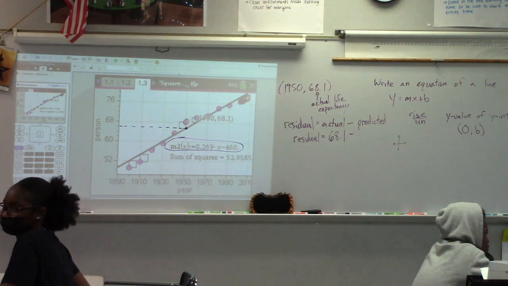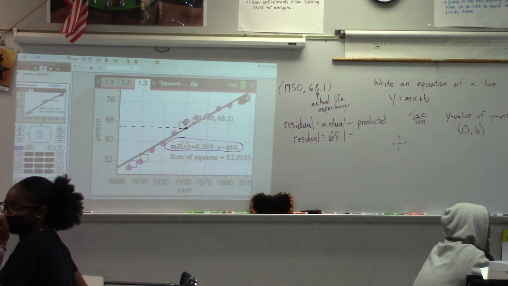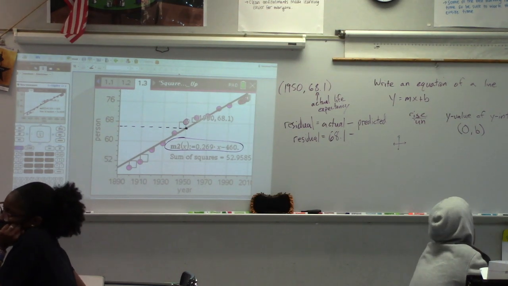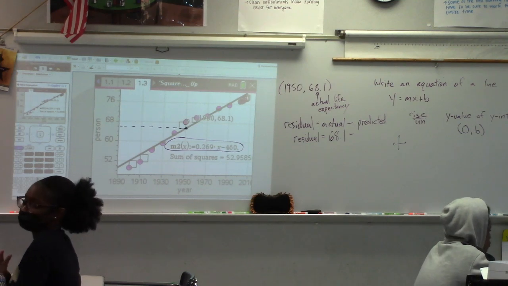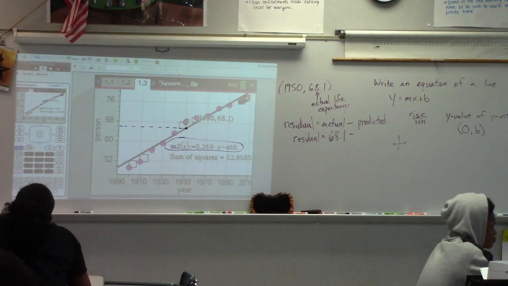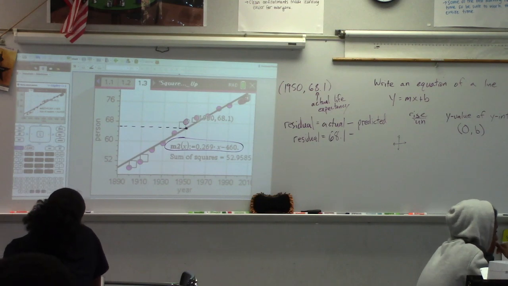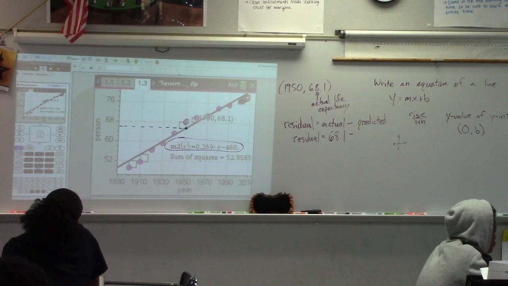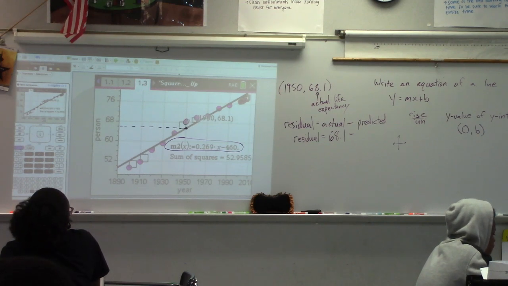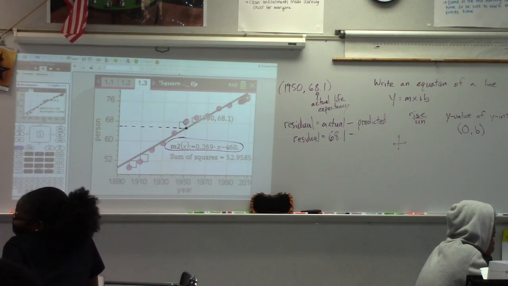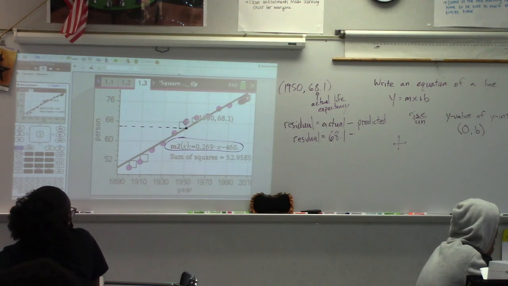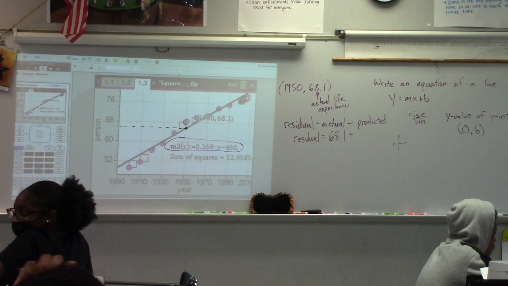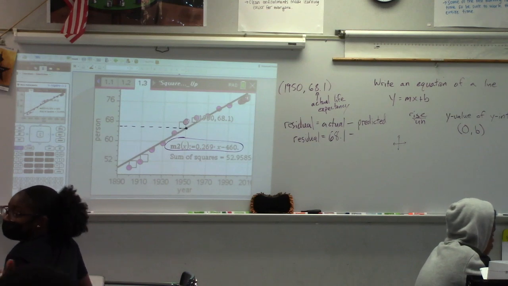Remember, we're looking for the residual of 1950. I went to the point of 1950. See how it has 68.1? Then you need to find the predicted value. Your equation may be a little different, but could you put 1950 in for x now? You just put the cursor over that point and it tells you what the point is.